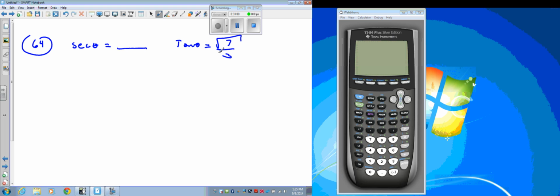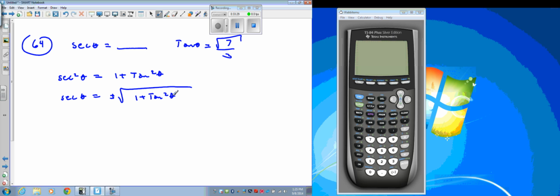You see the Pythagorean identity again? So if I just reverse the order, the secant squared is 1 plus tangent squared. And then I can get secant by taking plus or minus the square root here. But now, which do I pick, the plus or the minus?